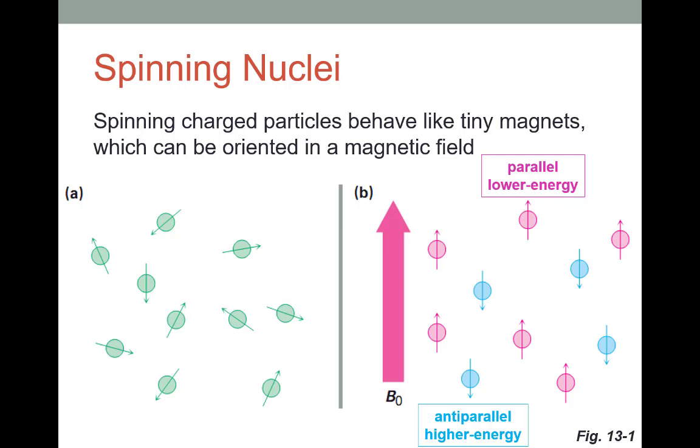What the magnetic field does, indicated here by B sub naught, is orient most of those charged nuclei in the same direction. The magnetic field of each individual spinning nucleus would be oriented in the same direction as the overall instrumental magnetic field. That's the lower energy scenario here.